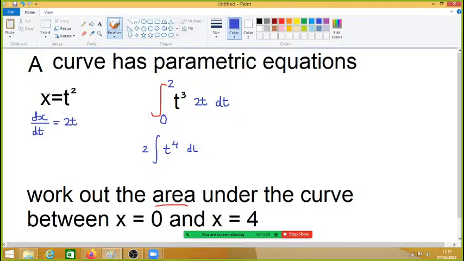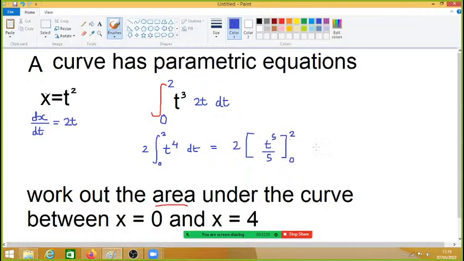Integrate that isn't too hard. So that is just going to become 2 times, in square brackets, I forgot to put the limits, add 1 to the power, so that would be 2 to the power 5, and then divide by the new power, which is 5. The limits are 0 and 2.